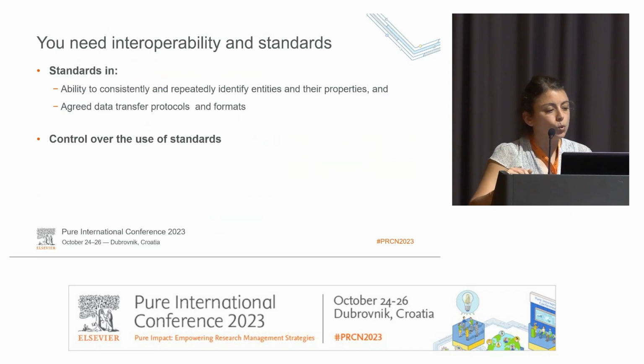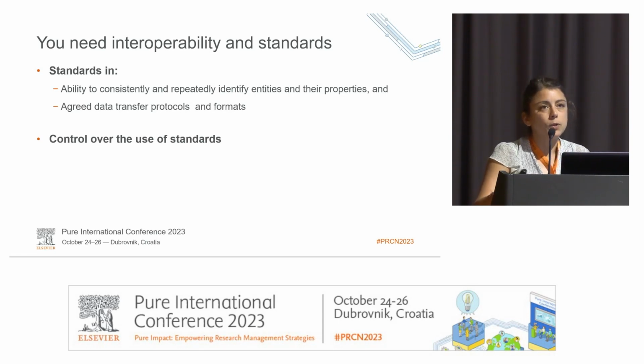As I said, in order to be able to use the data effectively, you need interoperability and data standards. So you need two types of standards. The first one, you need the ability to consistently identify, deduplicate and disambiguate the data that you're looking at, and its properties, so that you can understand it and reuse it.